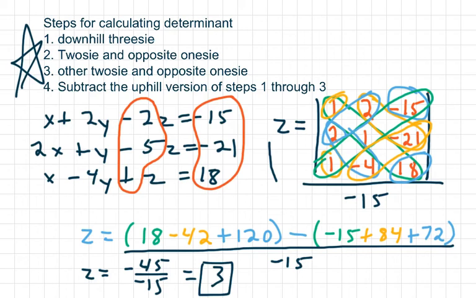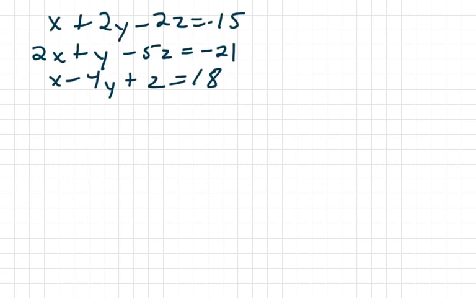I'll do another variable, but remember, you only have to do this 1 or 2 times, and then you can just plug it in and start doing your normal stuff. So maybe I'll go find the y variable next, and then you'll see that it'll just go straight in. All right, so now I'm going to do the exact same thing, only this time I said I was going to do the y variable.